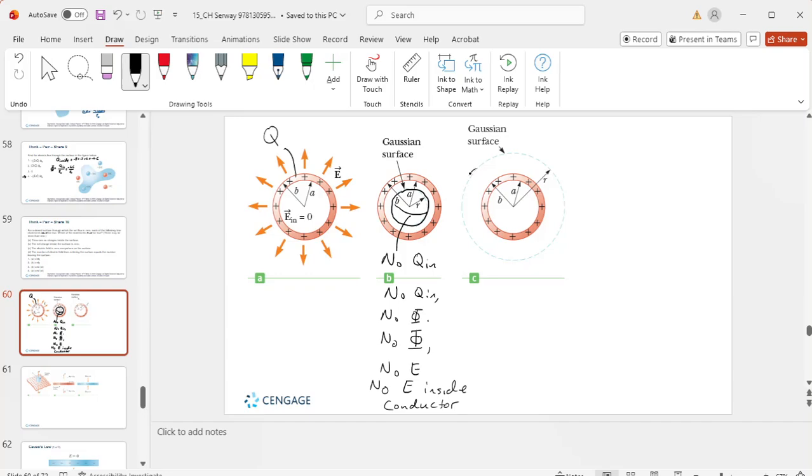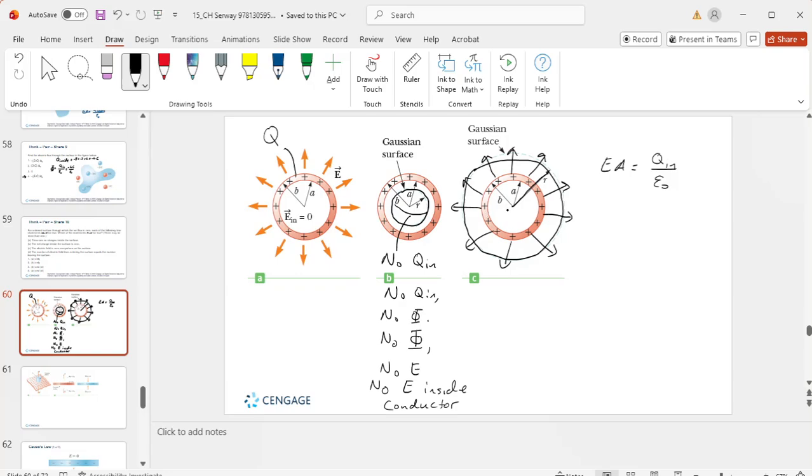But if I draw a Gaussian surface outside at some radius r that's bigger than my outer radius of my shell, then I will certainly have electric flux through here, and I will measure EA equals Qn over epsilon naught.